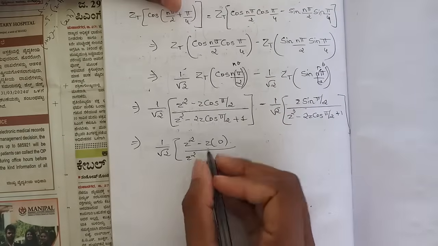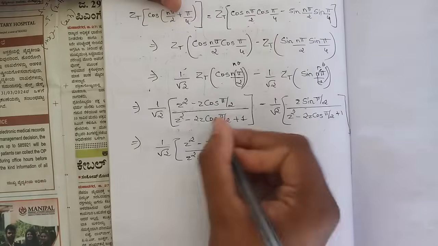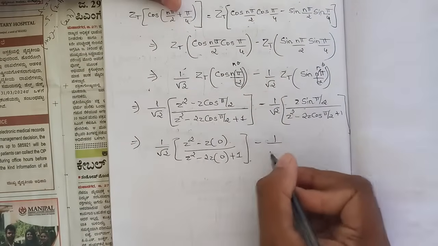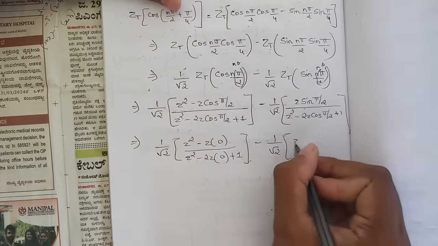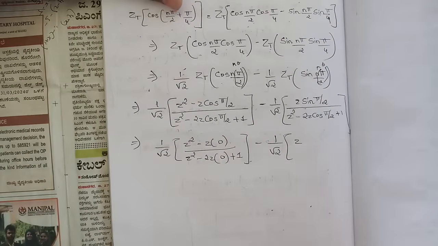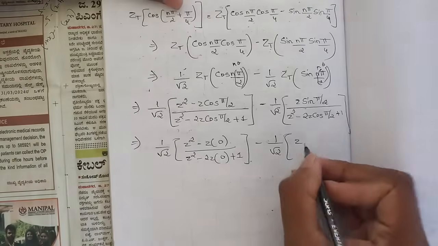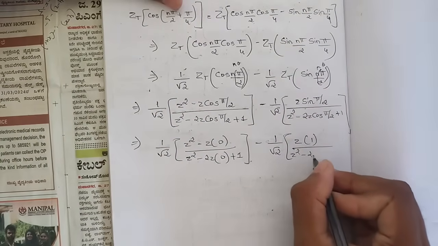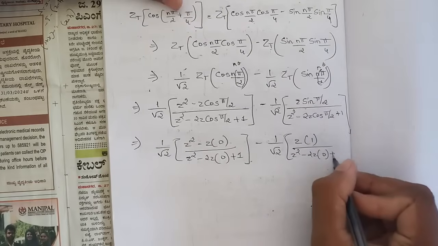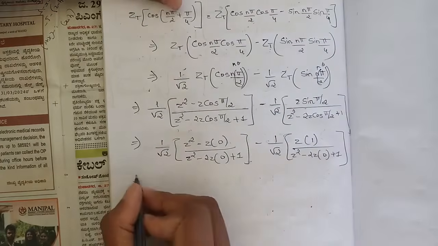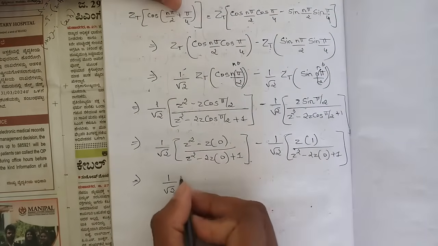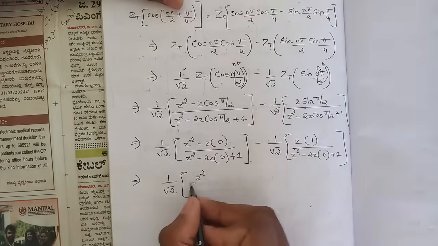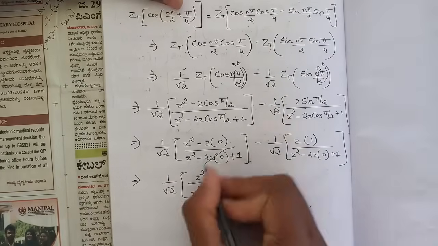Z square minus 2z cos pi by 2 is again 0, minus 1 by 2 z sin pi by 2 means sin 90 degree. The value of sin 90 is 1. Z square minus 2z again cos pi by 2 is 0 plus 1 by root 2 into, this becomes 0, right? So I will not write it. So this also becomes 0.